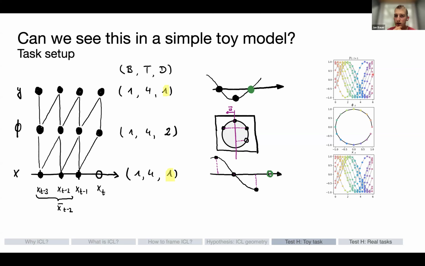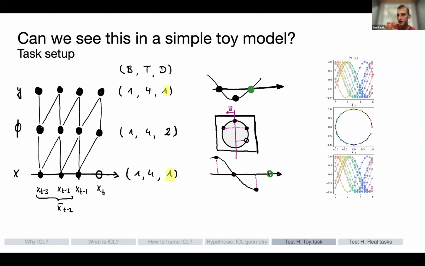Now, maybe you encountered in high school that sines and cosines, trigonometric functions, are actually defined by projections from a circle. And our hope was that by using such a task, we might be able to rediscover or have the architecture implicitly learn this geometry, which is actually in some sense the ground truth that generated these data.